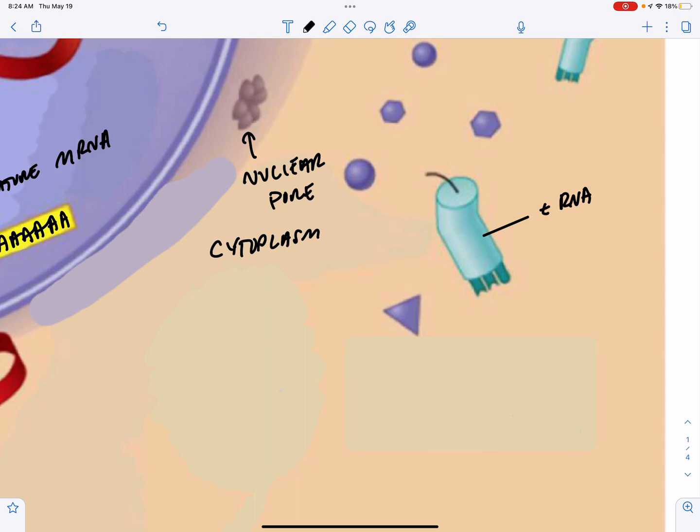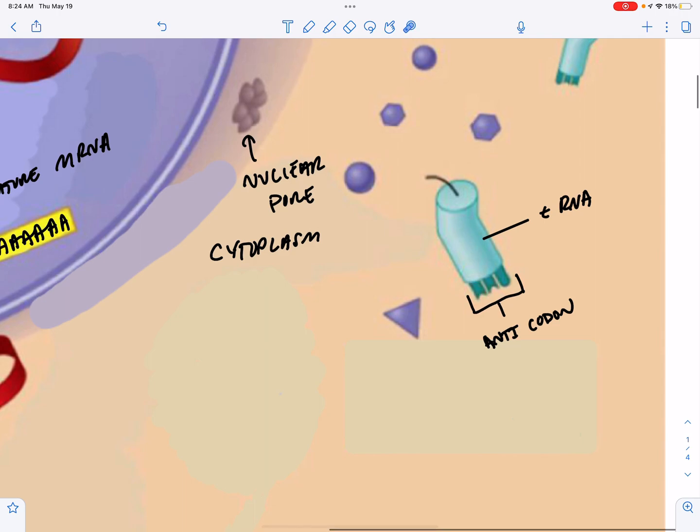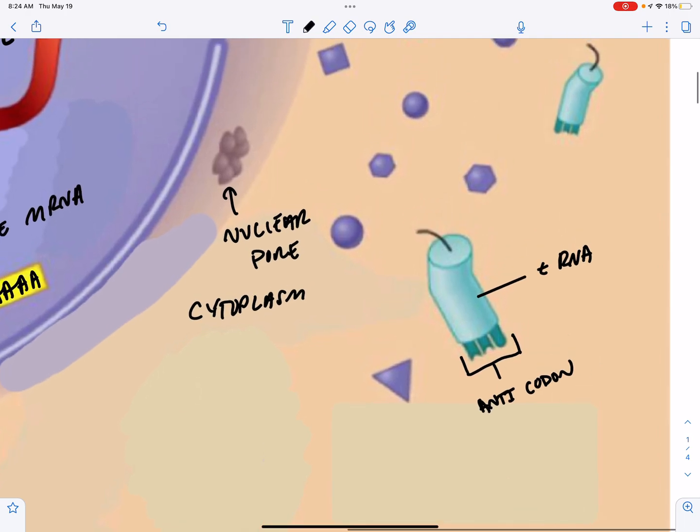It's a folded strand of RNA composed of a bunch of nucleotides of RNA. And it's got one special action end, which is called the anticodon. The anticodon is composed of 3 nucleotides in a sequence. And the anticodon that any tRNA has specifies the amino acid that's going to bind on this end. This is the amino acid binding site.